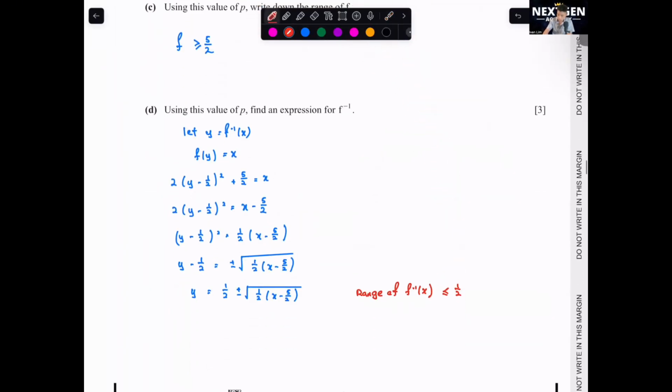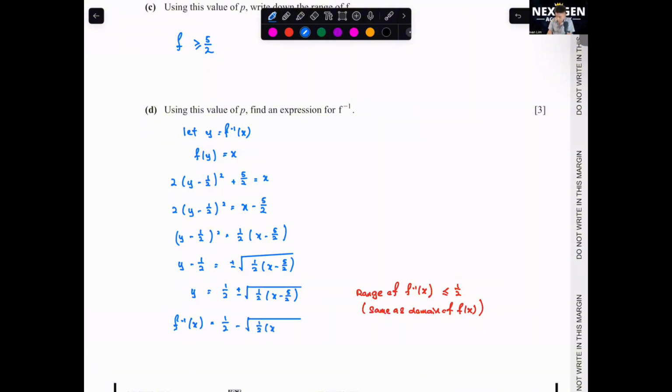Okay, so we have to know this one. Same as domain of f(x). Okay, why is this important? Because our final answer here, we cannot put it as plus minus. We only can put as minus.